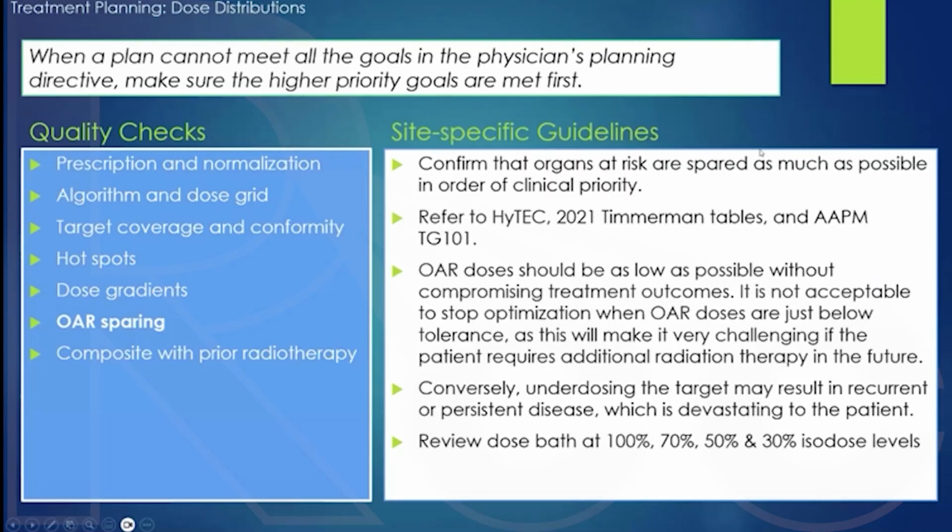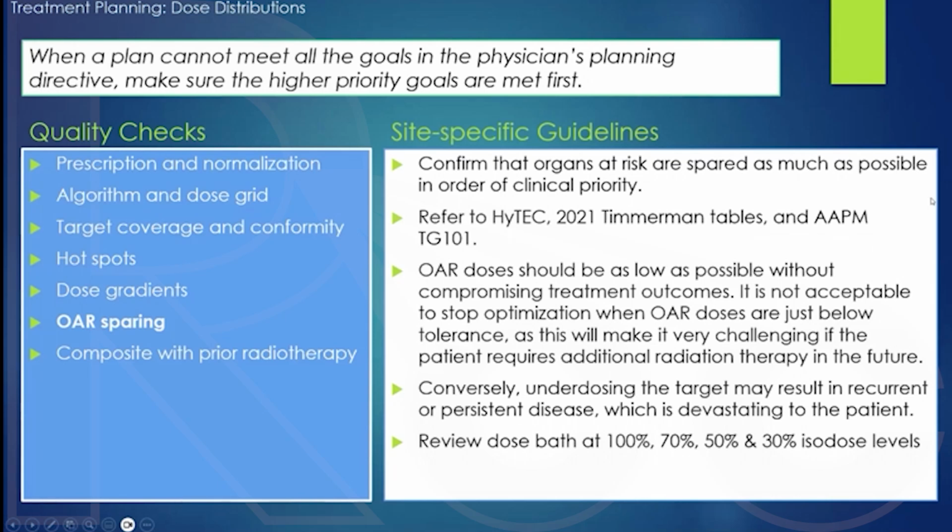Okay, when a plan cannot meet all the clinical goals, it's important to make sure that the higher priority goals are met first. So we want to confirm that the organs at risk are spared as much as possible in order of clinical priority. Refer to HyTEC, the 2021 Timmerman tables, AAPM TG 101. OAR doses should be as low as possible without compromising treatment outcomes.